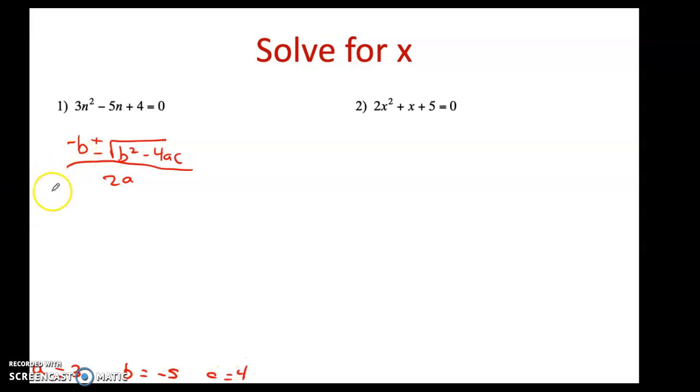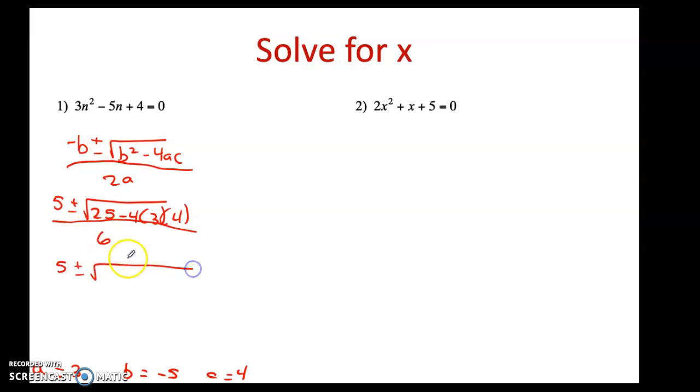So now we're going to substitute that back in there. So negative b, the opposite of b, is 5, plus or minus the square root of b squared, which is 25, minus 4 times 3 times 4, all over 2a, which is 6. Just like you did with the discriminant, simplify inside the radical by multiplying first.